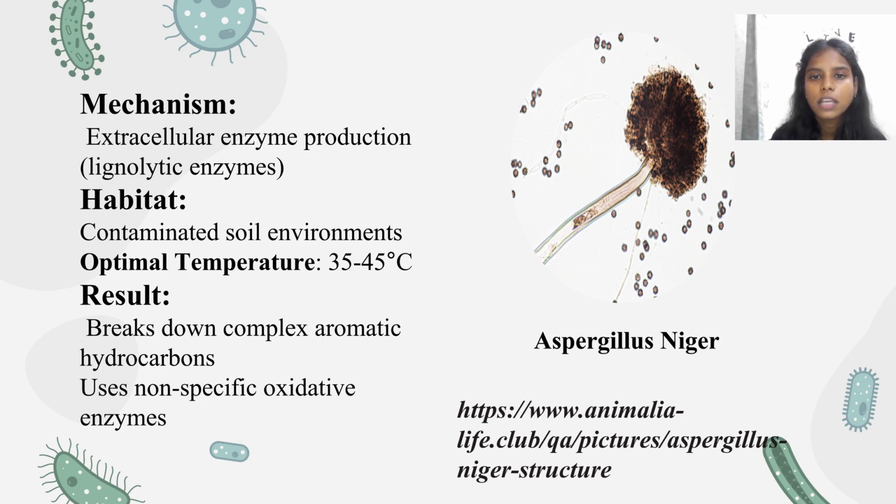This fungus grows and utilizes these enzymes most effectively in a temperature range of 35 to 45 degrees centigrade. Through this enzymatic degradation process, Aspergillus niger is able to metabolize and remove a variety of aromatic hydrocarbon pollutants from contaminated soil ecosystems. Its versatile nature makes it a useful microorganism for bioremediation efforts targeting complex oil-derived contaminants.